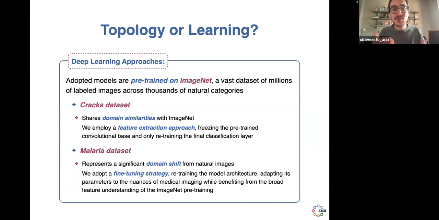So to make this analysis more significant, we decided to retrain the model architecture. The poor results were probably due to this domain shift: the typical image of ImageNet is quite different from the images that we have in our malaria dataset. Without this retraining, deep learning models struggle to obtain good accuracy.